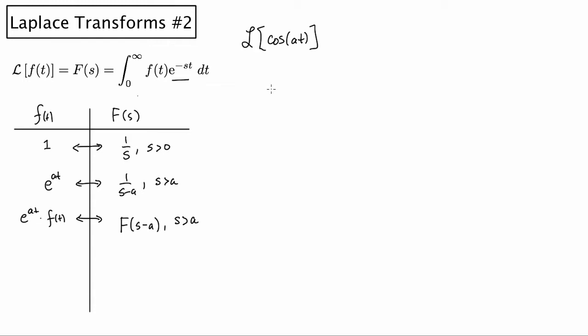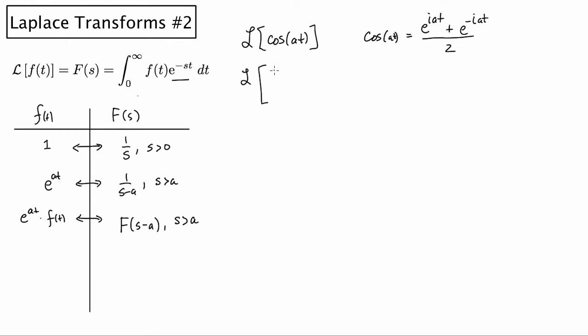I'm going to use the exponential here, but in order to do that, I have to remind you of a formula that says that the cosine of at is expressible as e to the iat plus e to the minus iat divided by 2, because that's the formula for the real part of that complex exponential, and the complex exponential there, we can use Euler's formula to string it out, and what you'll see is you wind up getting cosine of at as a result.